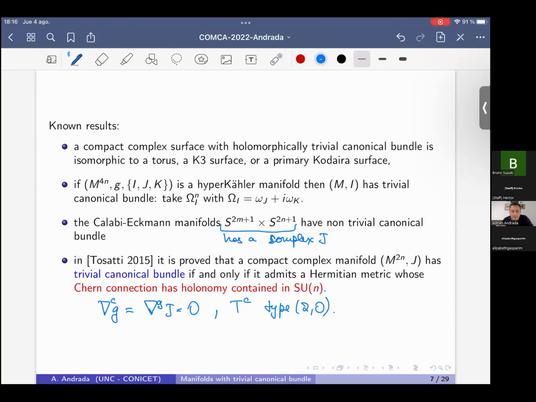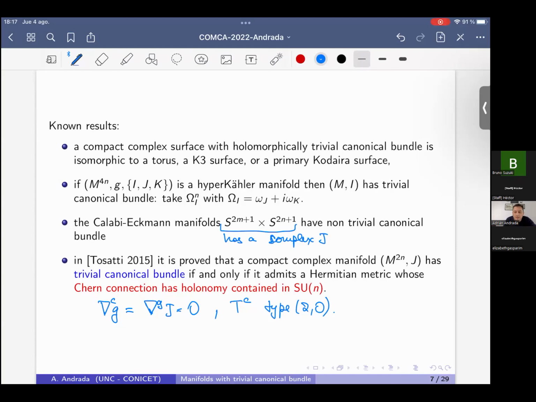Why is it integrable? Sorry. Yes, and in fact, it's a homogeneous complex manifold, which can be seen. And it has been proved, I don't remember by whom, that there is no nowhere vanishing holomorphic n-form in this manifold for that J. Almost complex, okay, why is it integrable?